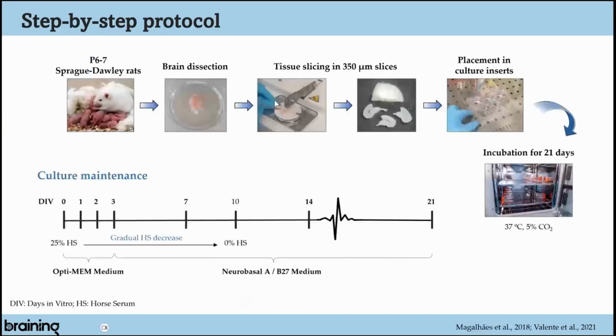So after having this, we go to the culture maintenance, and that's where our protocol differs from all the other published protocols with organotypic slices. The first difference is that in this system that we have in Lisbon, the slices have not only the hippocampus, but also the entorhinal cortex and the perirhinal cortex, which was described as being very important to the hippocampal activity, to the development of epileptic activity in particular.